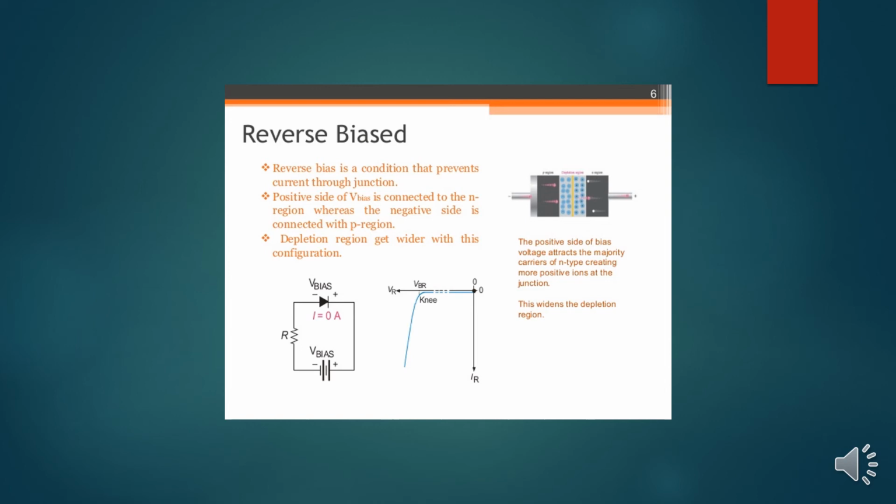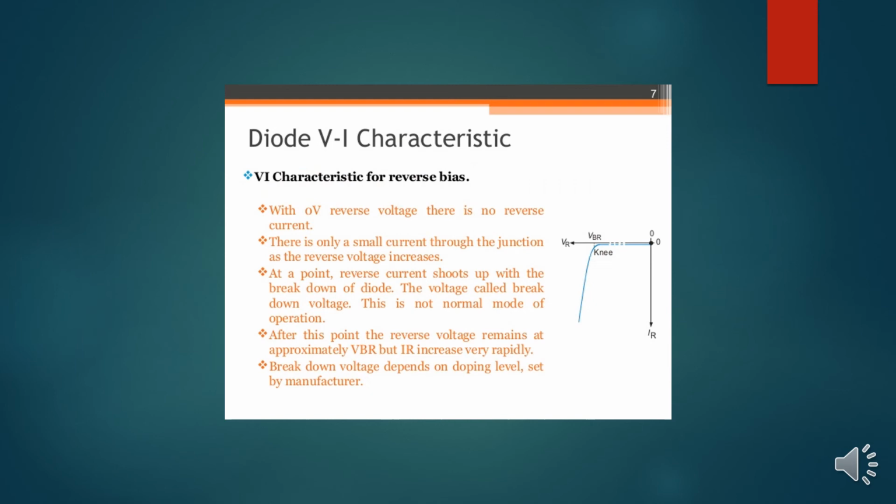When we increase the reverse bias voltage to a certain limit, suddenly the current increases very sharply. This is called the reverse bias knee voltage, and it is called breakdown, which happens in reverse bias.